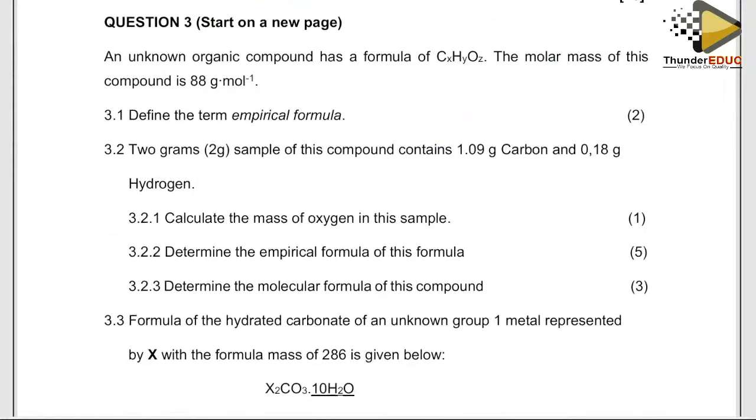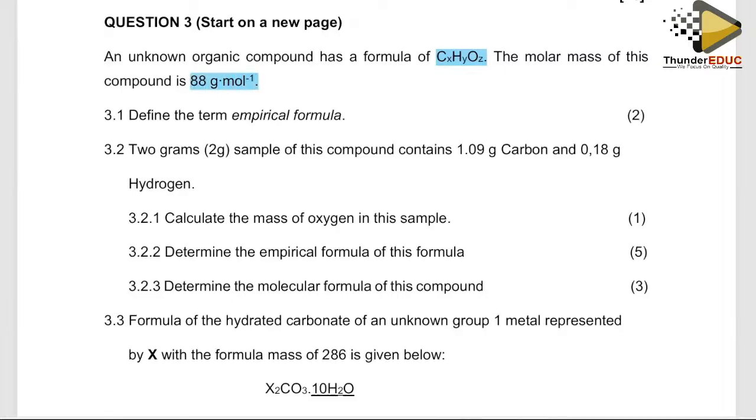Question number 3 reads: an unknown organic compound has a formula, so this is the formula that you're given, CxHyOz. Then we're given the molar mass of this compound is 88 grams per mole. Then we are asked to define the term empirical formula.